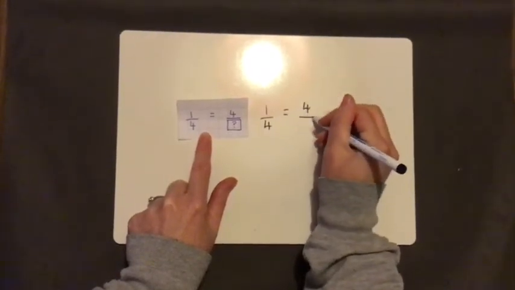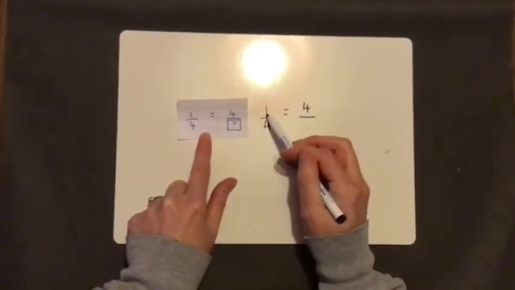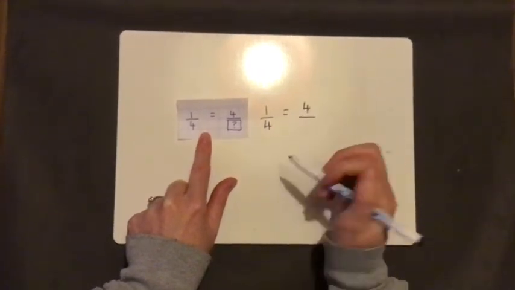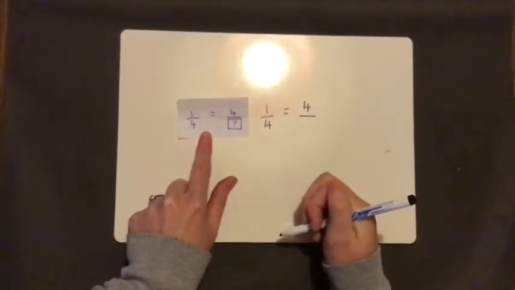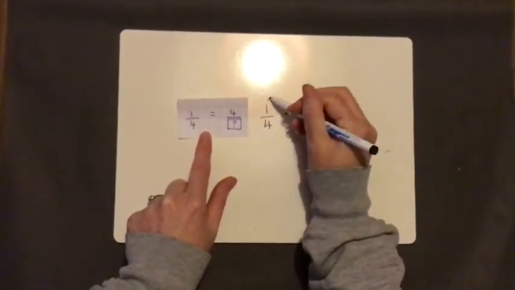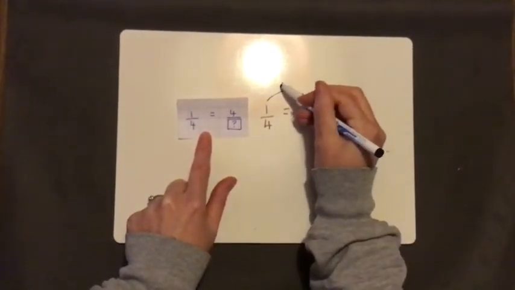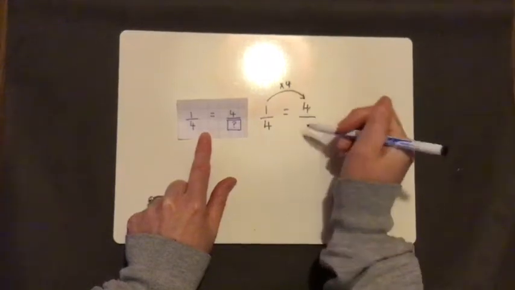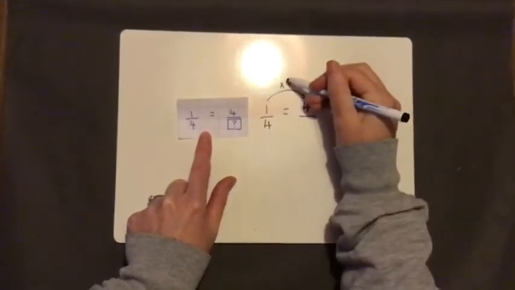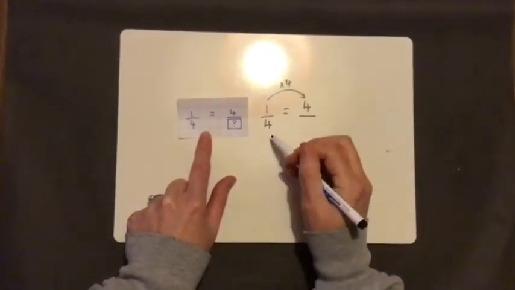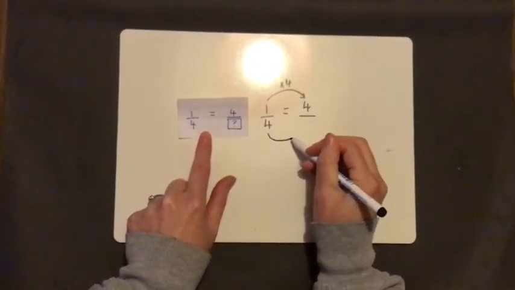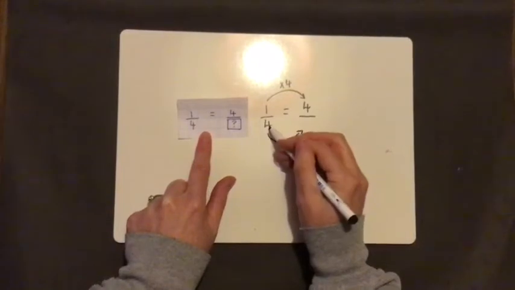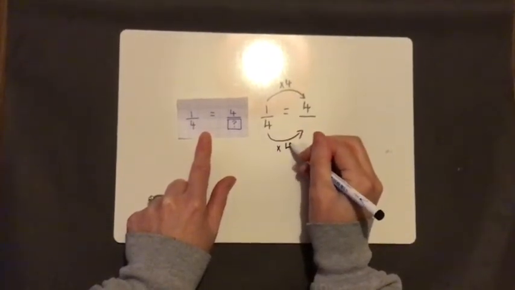So I need to think about how can I turn 1 into 4 using my multiplication or division facts. Well, because I know my 4 times table, I know that 1 times 4 equals 4. And the trick is, with fractions, whatever you do to the top, you need to do to the bottom. So I'm going to times by 4 here.